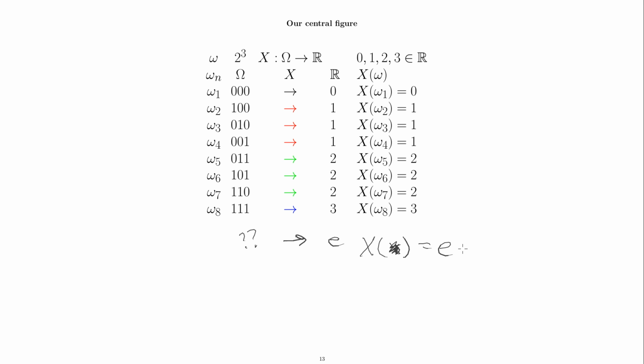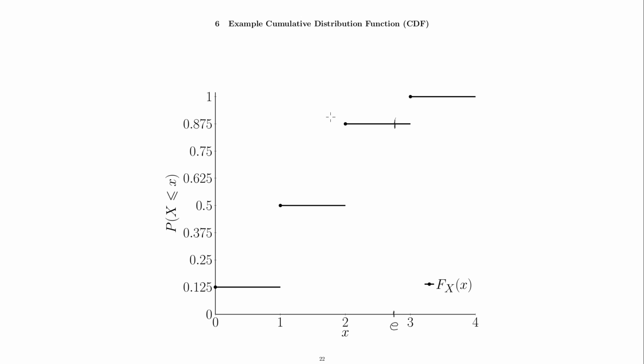Which means that when we put E on the number line here, we come and we look and we say, okay, how do we calculate this probability that X is less than or equal to E?